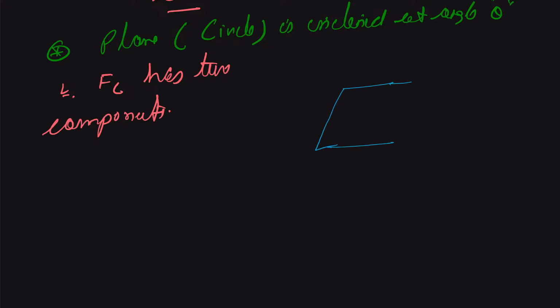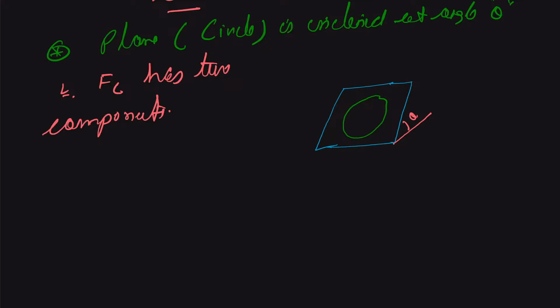This is our plane, and this is a horizontal making an angle of theta, and we have a circular path. For any position we know that this centripetal force will be acting parallel to our horizontal.